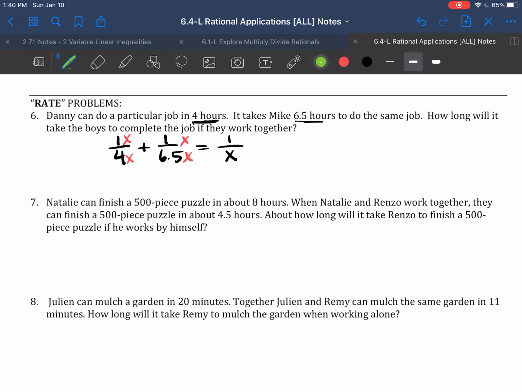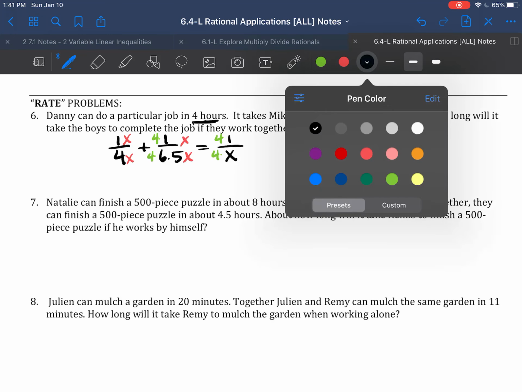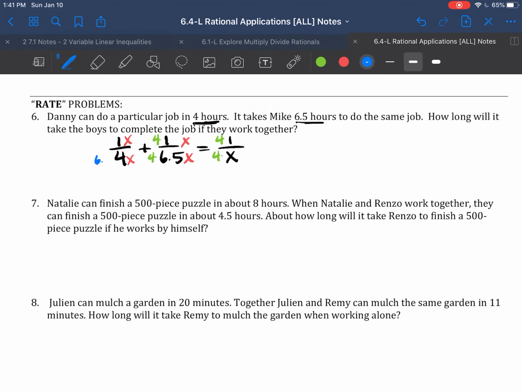They're all going to need a 4. And they're all going to need the 6.5. Okay, and so our common denominator is 4 times 6.5 times x. Okay, and so now that we have that common denominator, we can ignore it.